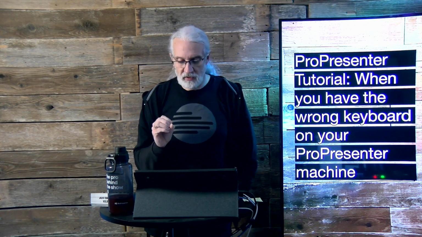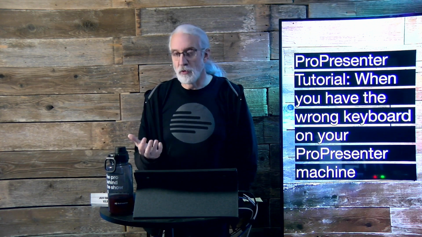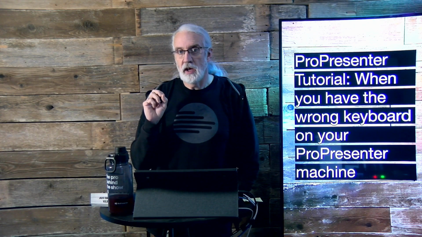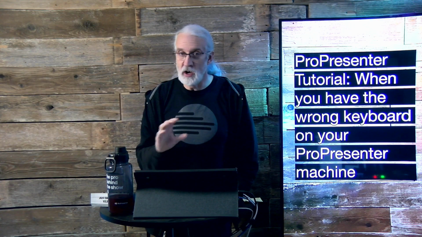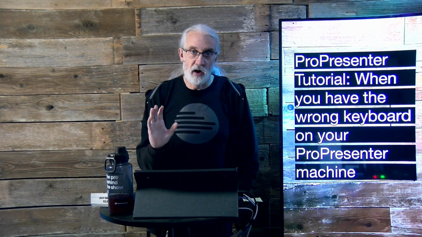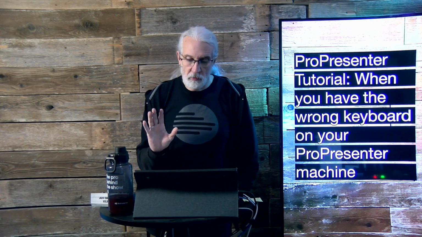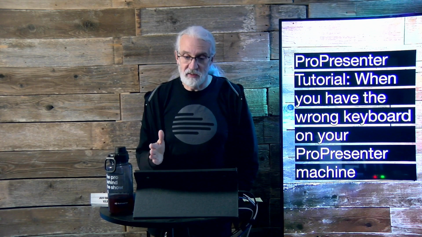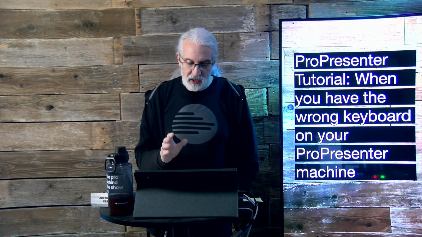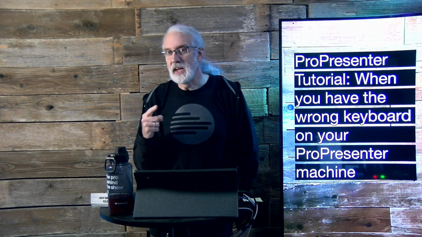An important thing to know is the keyboard shortcuts in Windows for ProPresenter do not include the Windows key. So basically, Control is Control, so that stays the same. The only thing that you need to know is that Option is Alt.